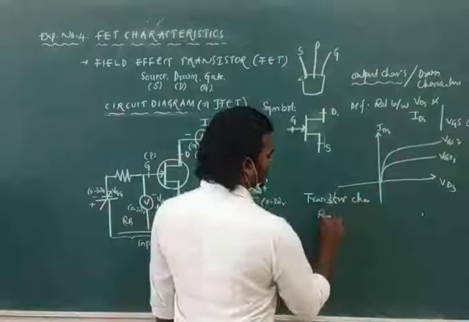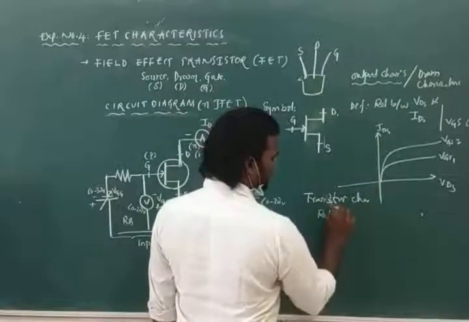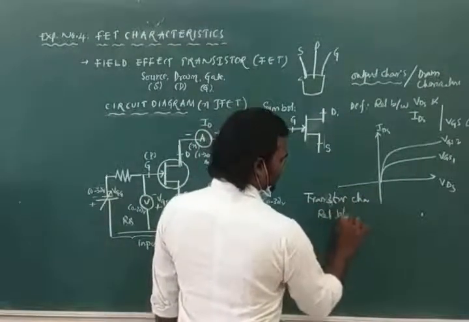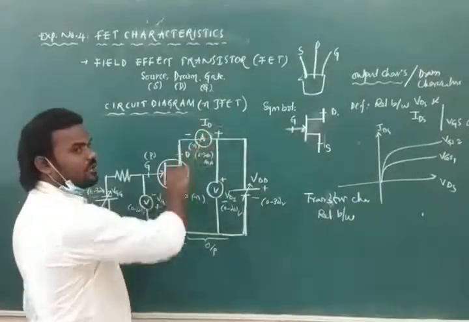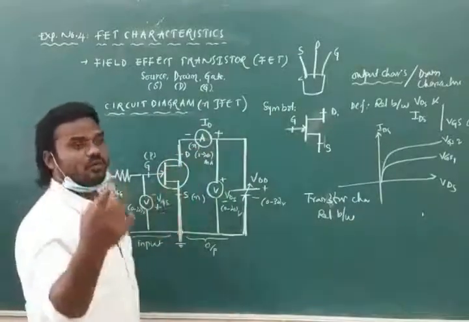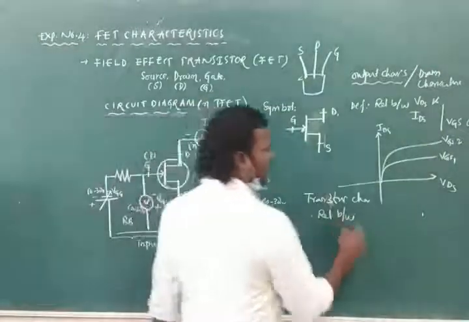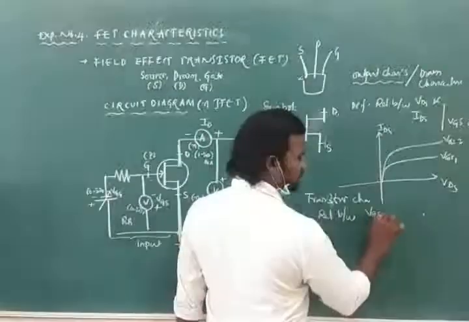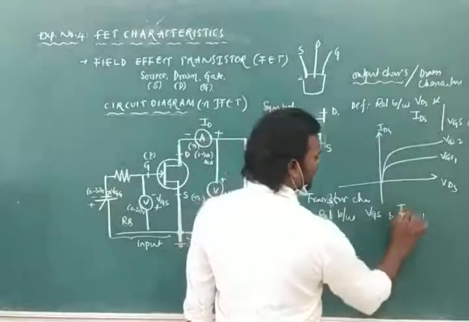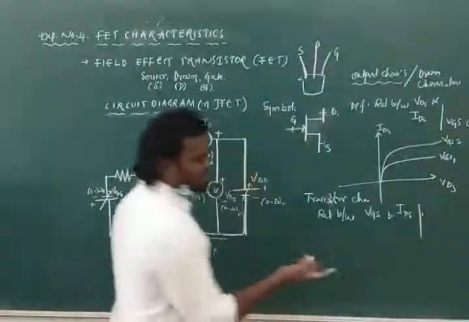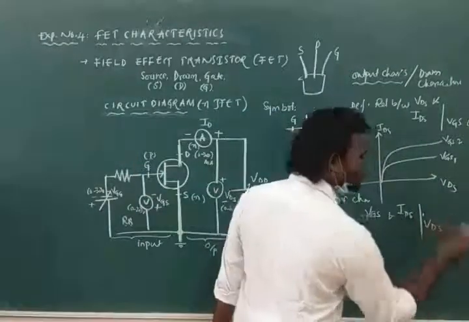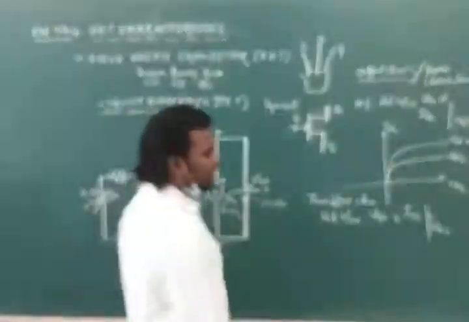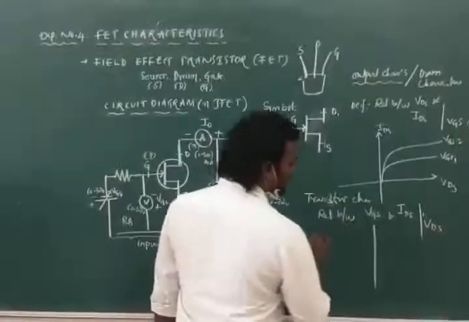It is a relation between input and output by keeping the output voltage constant. That means the relation between input, which is VGS only, and output, which is current IDS, by keeping VDS constant. Very good. VDS is constant. So you can get the graph like this.